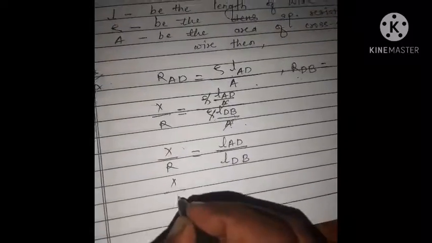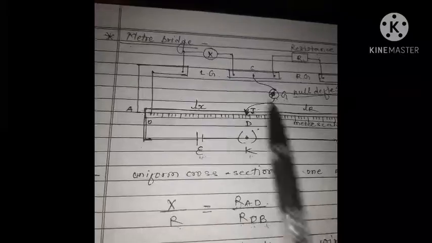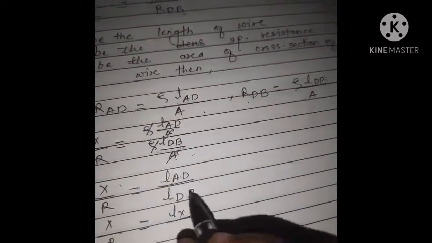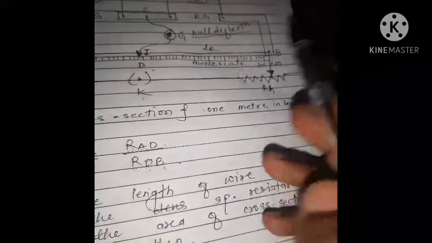In general, we can write LAD, the length of wire AD, as LX, and LDB, the length of wire DB, as LR.